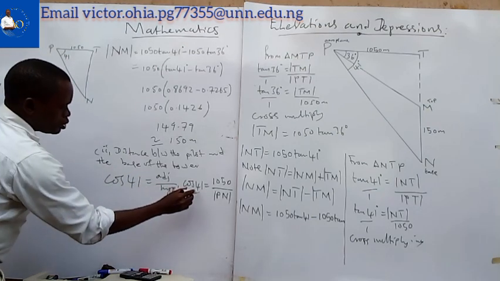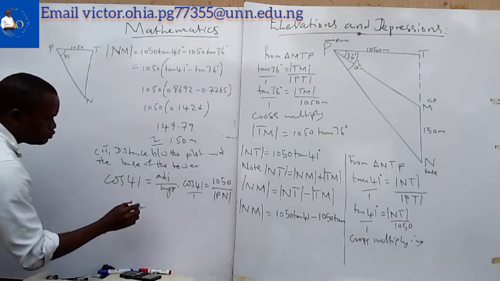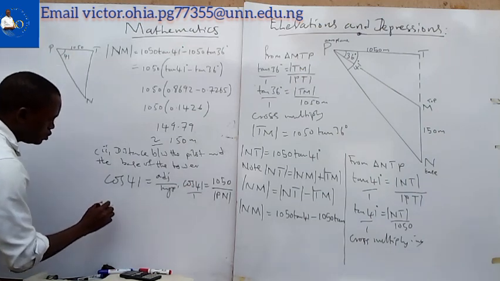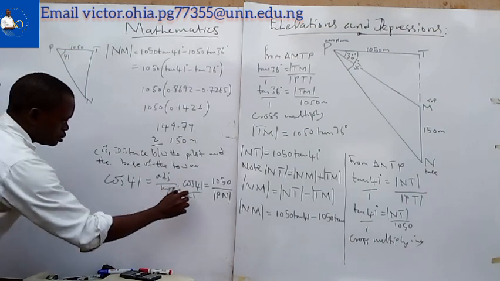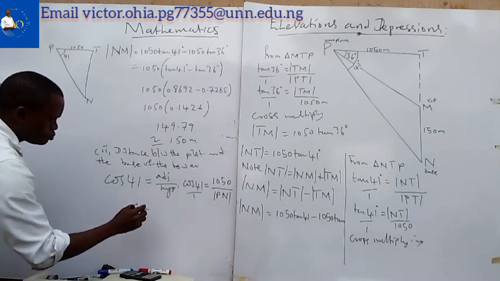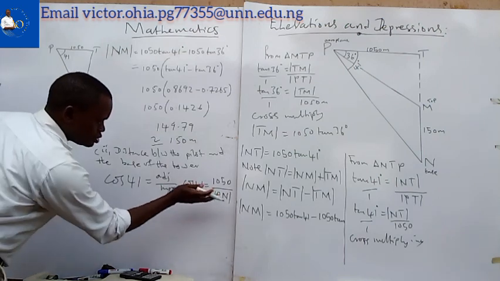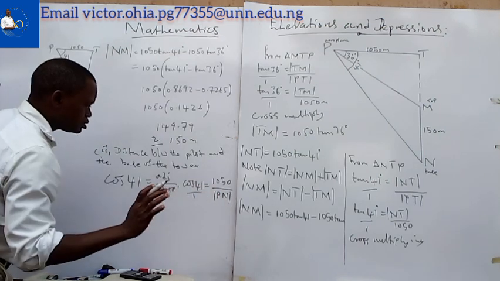Do you get? So if we interchange, by cross multiplication, or let me just interchange this thing. I'm sure you understand what I mean by interchanging. Take this thing, put it here, carry this one, come over here. It's still the same thing.